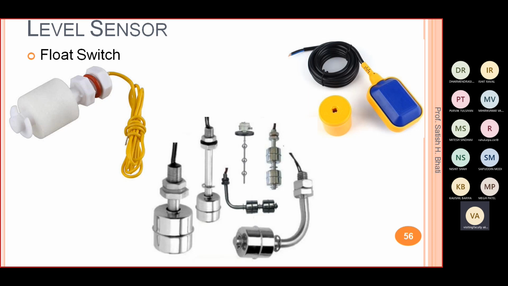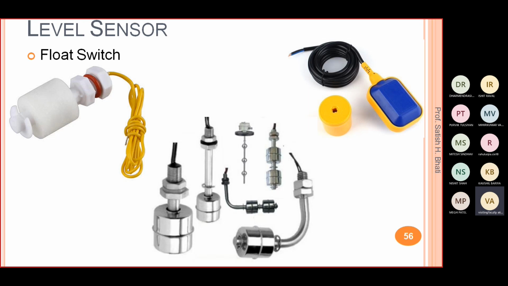And in some applications, if you use metal, there is a chance of corrosion and such defects may happen, so you have to use some plastic material. So based on the application, what kind of liquid or fluid you are using, whether your material is fluid or solid or powder, depending on that we will choose the float switch.